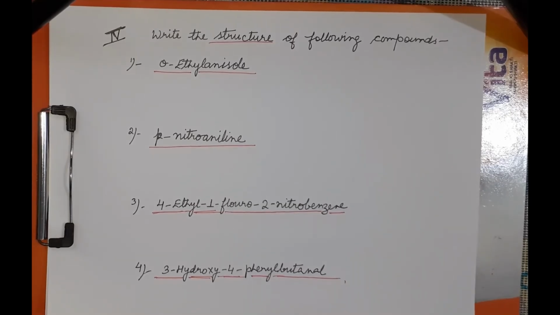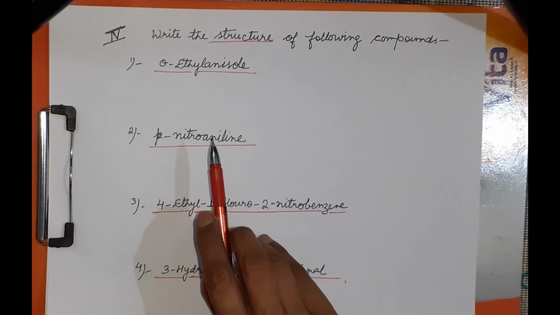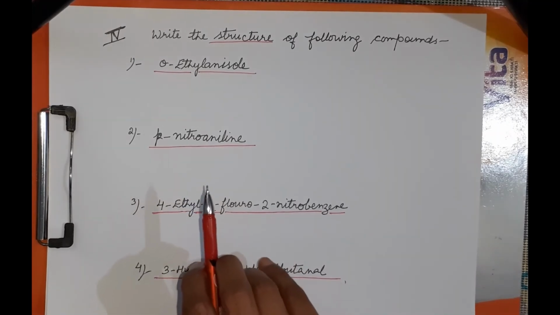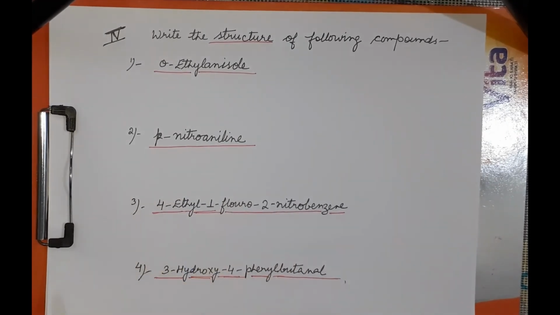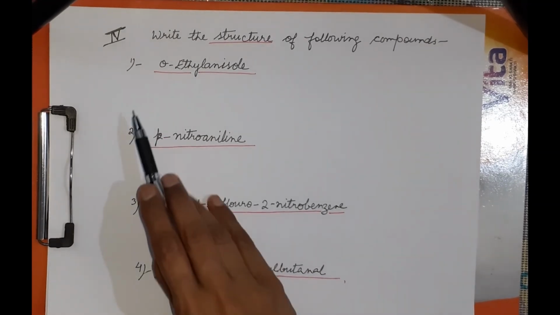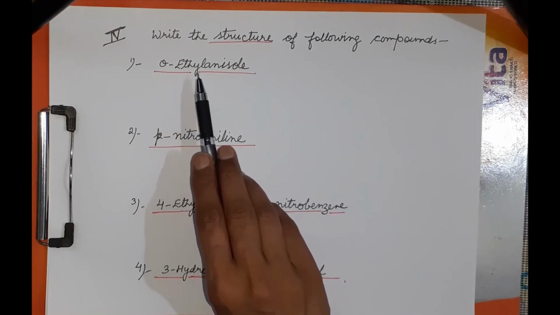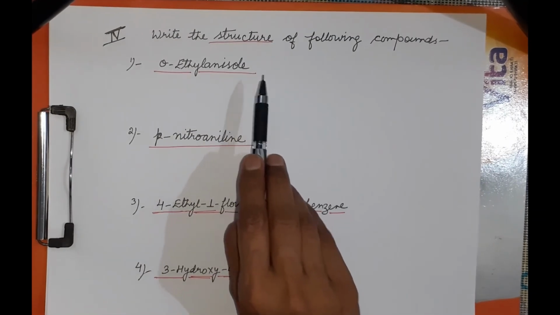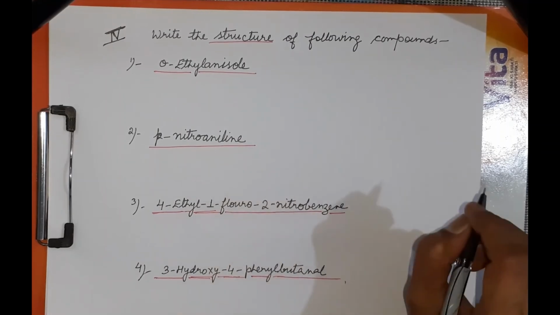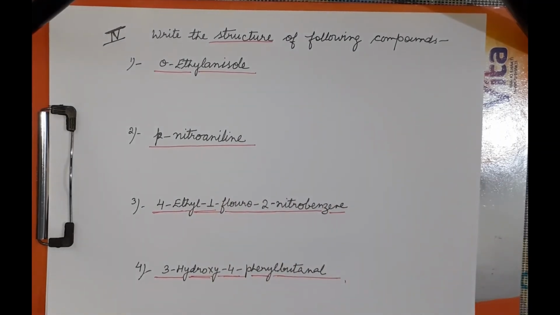Now I am going to discuss what to do if the name is given and you have to draw the structure of the compound. Here we can see the first example. The name is given: orthoethyl anisole. I have discussed all these types of compounds in my earlier video.